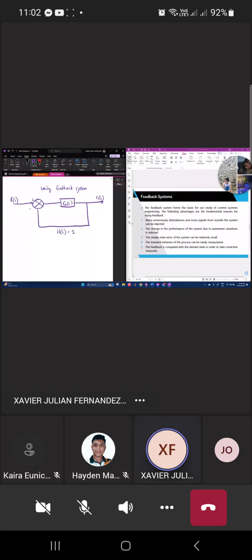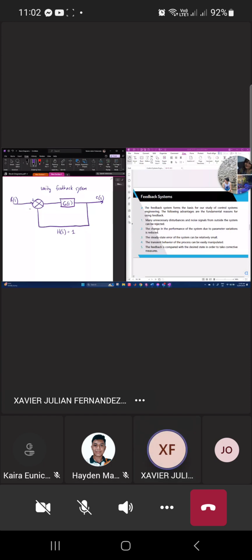So for a transfer function or representation sa isa ka subsystem, rectangle ang gamiton. If gain, that's a constant. Okay? So for all gains, ang representation is a triangle, murag pizza.